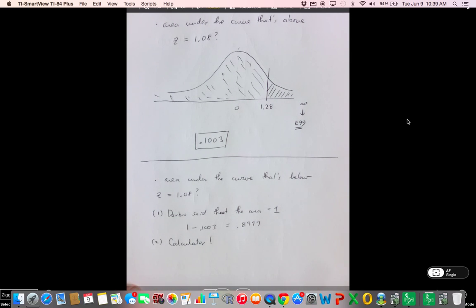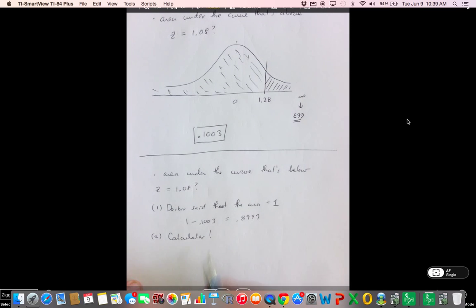Or use your calculator. Now, what's going to happen here? If we're using our calculator to work this problem, we have 1.08, and we want to run this thing all the way down to negative infinity. Negative infinity is the smallest number. It's not really a number, it's a symbol. But we would have to put this in first and the 1.08 in second.